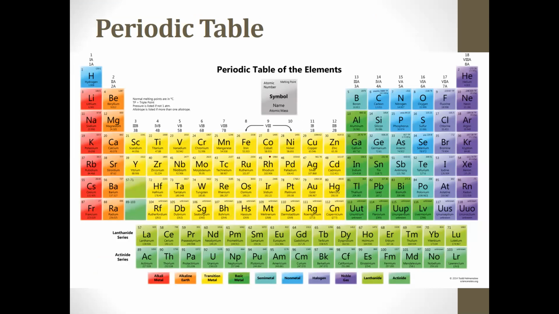In the periodic table, of course, you can extract a lot of information. It depends on the design of the periodic table, but in most periodic tables you can find the symbol of the element and the name of the element. What does this symbol mean? The symbols are not English symbols, they are Latin symbols.